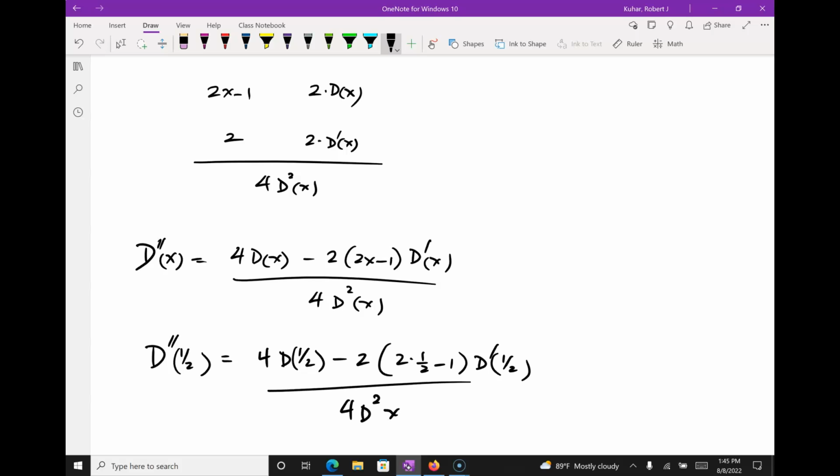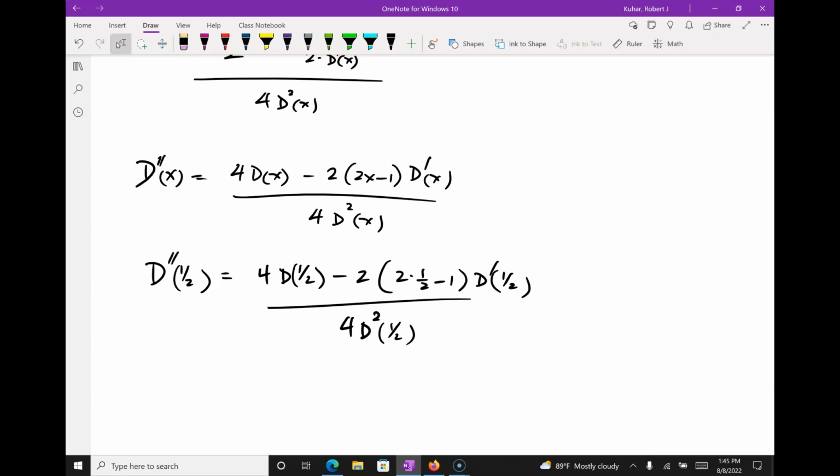But what do you notice here? Anything go away here? Well, d prime of 1/2 is the critical value. That's 0, right? So all of this is gone. D double prime of 1/2 is actually 4 times d of 1/2 over 4 times d squared of 1/2.